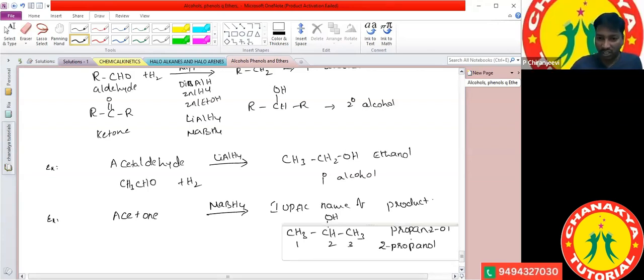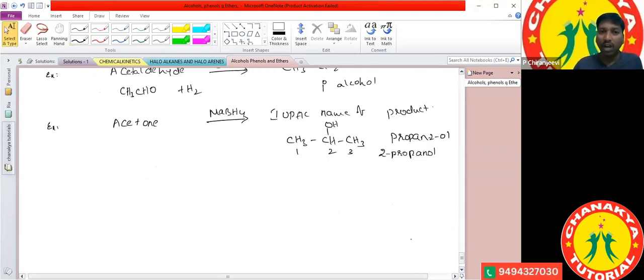Here one more condition is there. It is not only aldehyde here, so we can take esters. Sorry, first carboxylic acids. What is the general formula of the carboxylic acid? R-COOH.